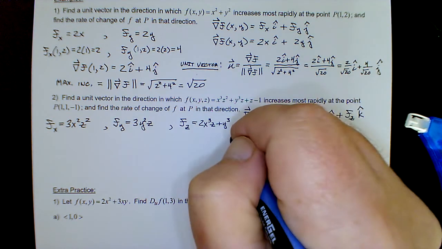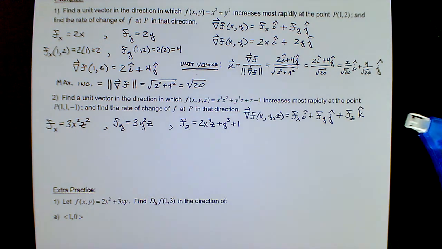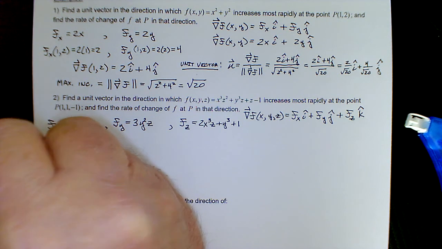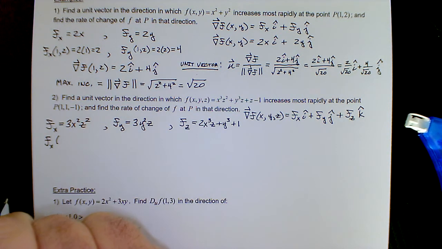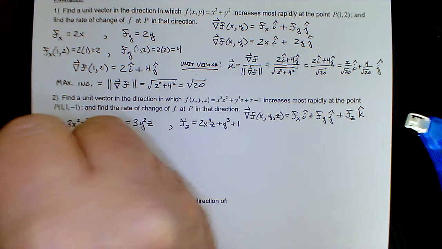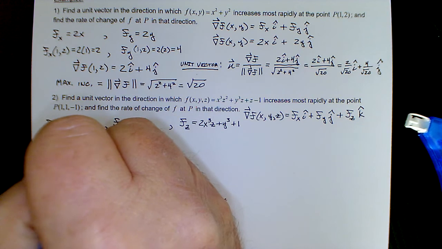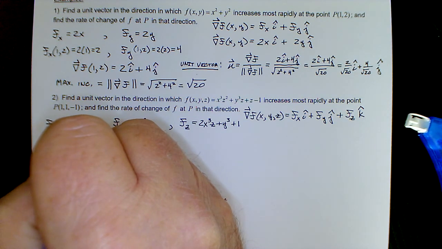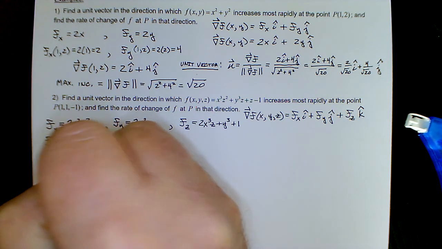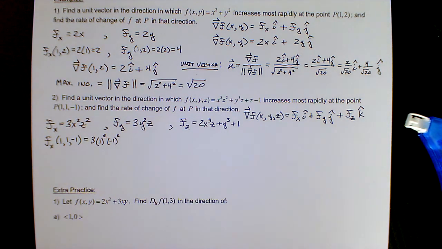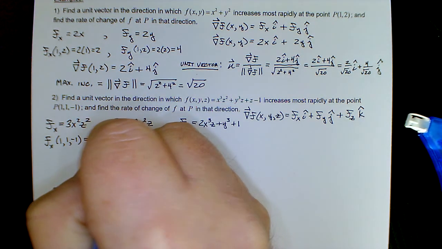So now, again, I'm just going to evaluate each of these. If you want to modify the notation and you don't feel like showing this the way I'm showing it, that's fine as well. But this shows us we're evaluating f sub x at the point 1, 1, negative 1. So that's 3 times 1 squared times negative 1 squared. And so that would be positive 3 for f sub y at the point 1, 1, negative 1.